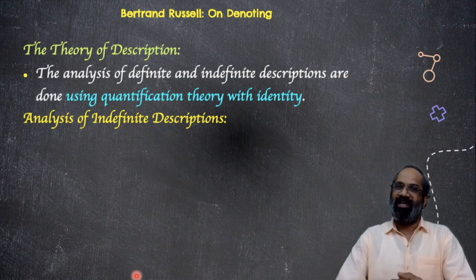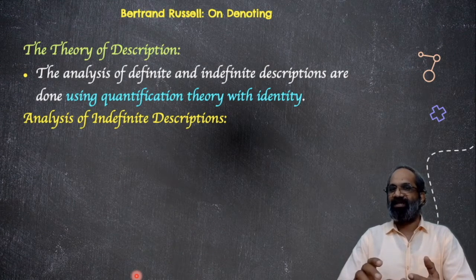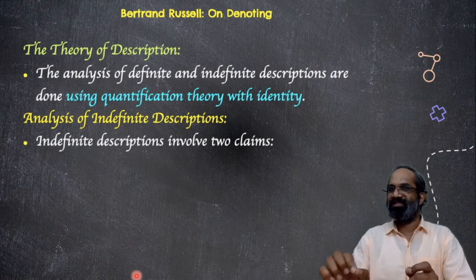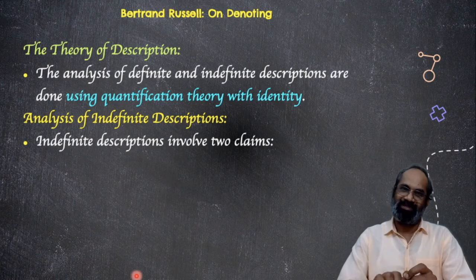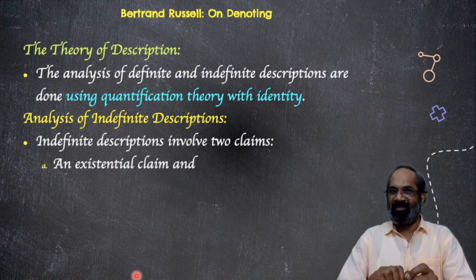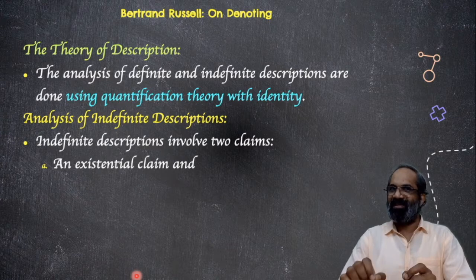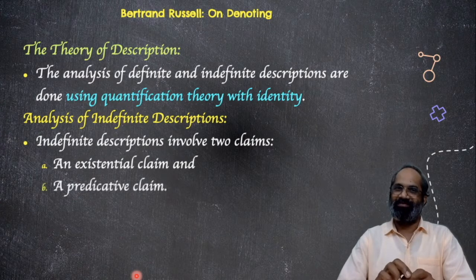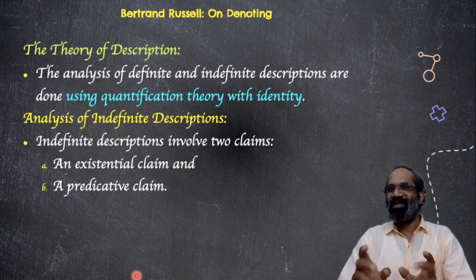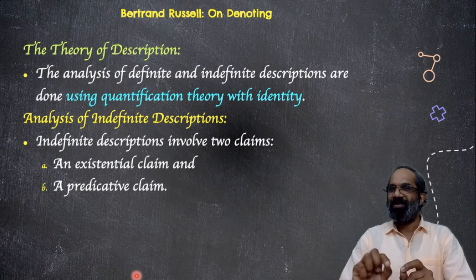He finds that the indefinite description involves two claims. Whenever you make an indefinite description, there are two hidden claims within it. The first is an existential claim, and the second is a predicative claim.